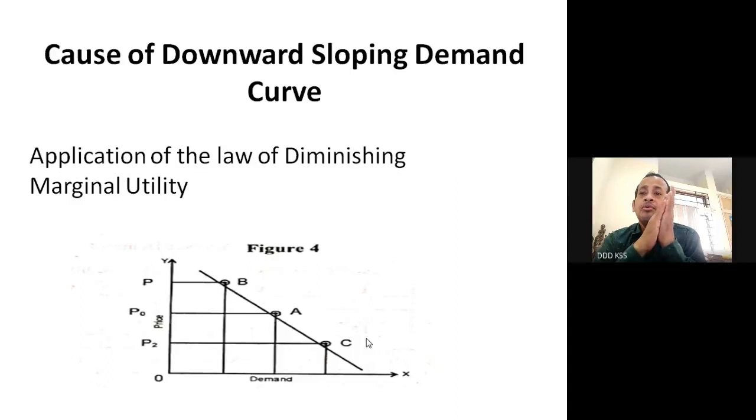In one session we have discussed this law. It indicates that when a person consumes a product or good in succession, one after another, the satisfaction level goes down, or the utility of the product goes down, and after some time it becomes negative.